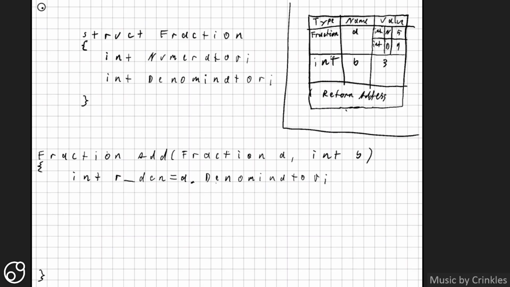So A, we go to the main table, A, and in A, we go to denominator. So we go into this internal table, denominator here, and that's the value we want. Go to A, go in the value, go to D, go to the value.